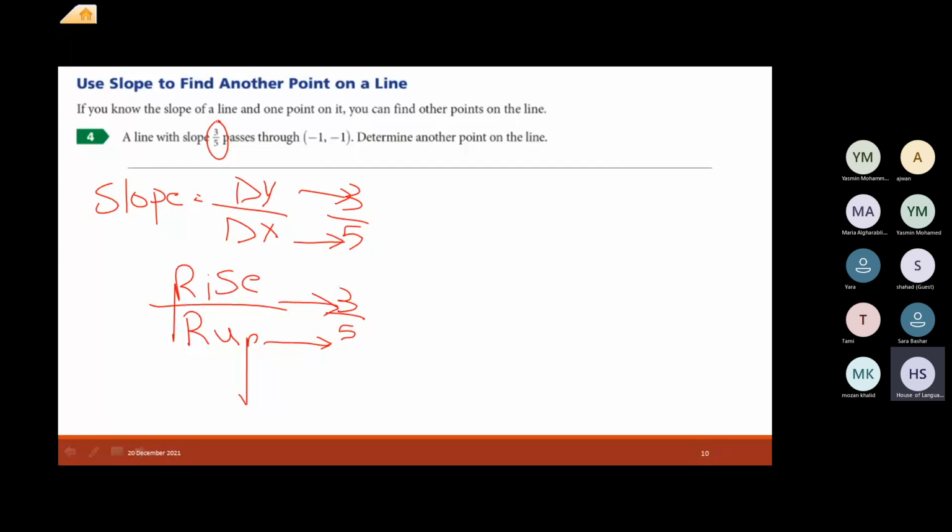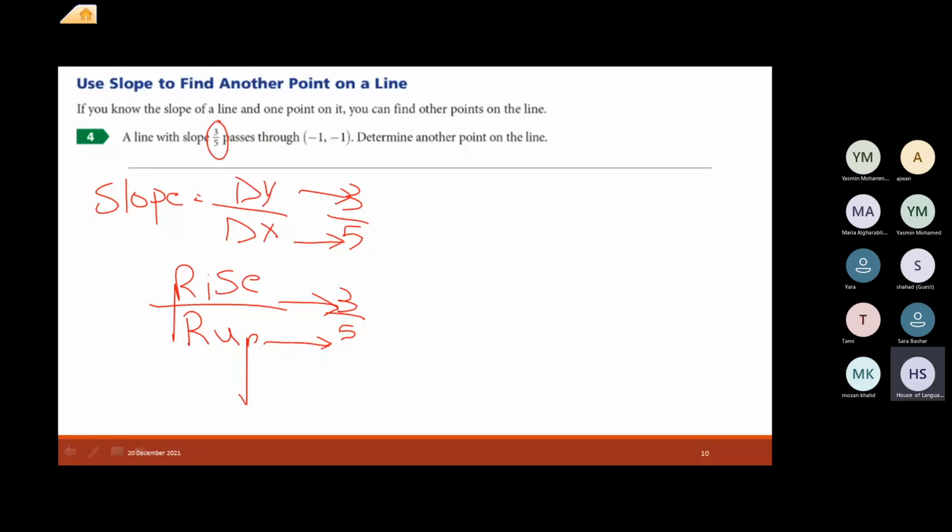The delta y is a rise, like the sun rising, this is the y-axis and this is the x-axis. If you change a point from this point to this point, like the sun rising, and if you change your destination from this point to this point, you are running. So 3 over 5 means delta y is 3 and delta x is 5. This is given from the question.